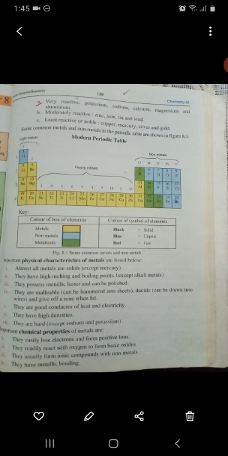Number 4, they are malleable. And what does malleable mean? They can be hammered into sheets.